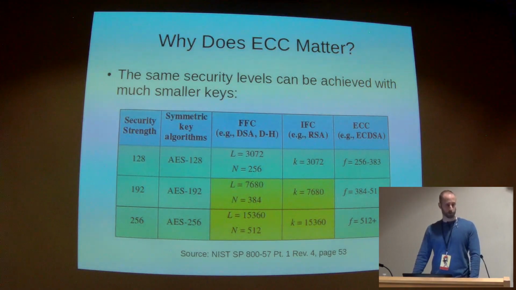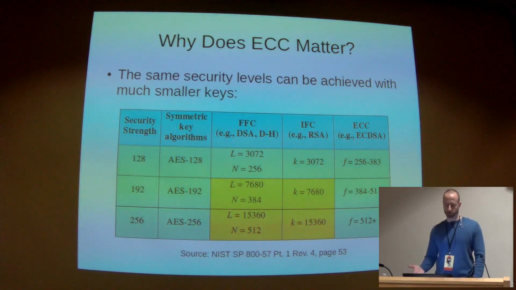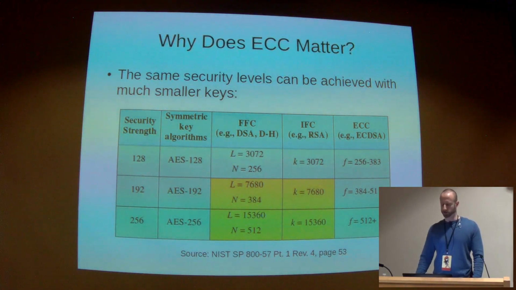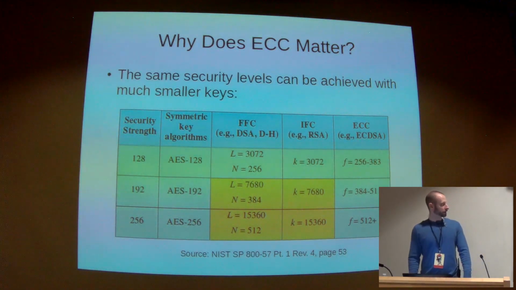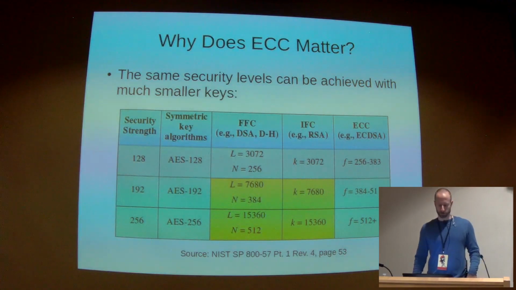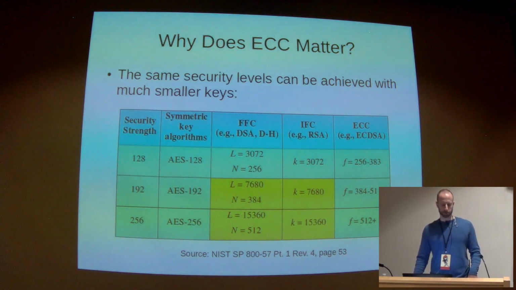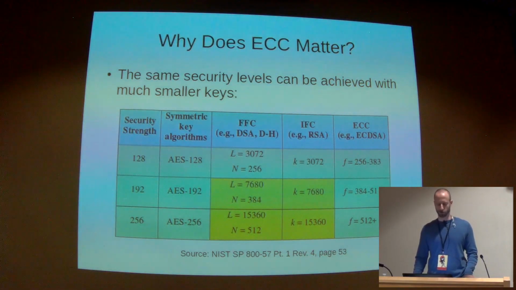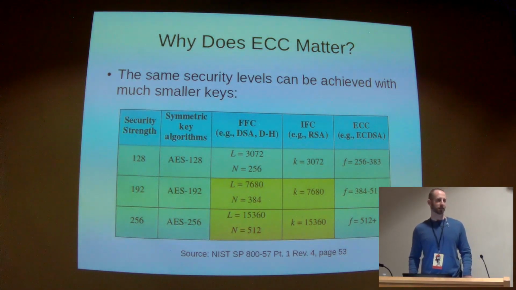In the ECC world, it's somewhere around 256. There's a range here, 256 to 383. So it's much smaller. Look at the bottom, that last row: 256 bits of effective strength. In the traditional crypto world, you need a 15,000-bit key.